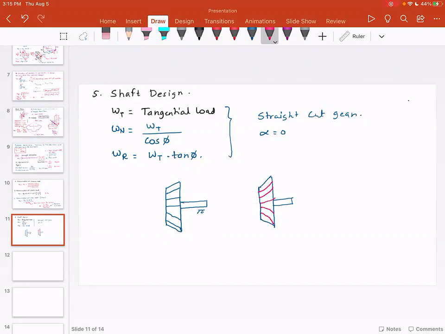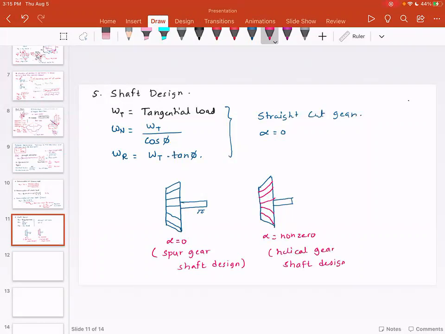And this would have alpha is equal to 0 and alpha value would be a non-zero. This is similar to spur gear shaft design. And this is similar to helical gear shaft design.